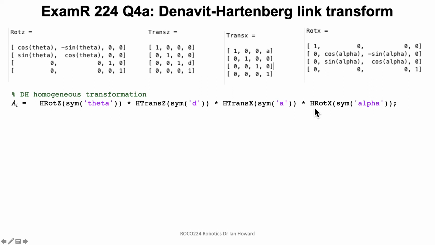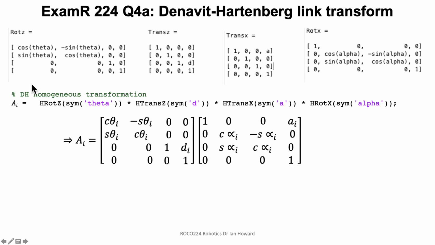Rotation round x multiplied by translation along x multiplied by translation along z multiplied by rotation around z, and that will give us this homogeneous transformation. In order to get that, we just have to multiply out the matrices we've got at the top here. If we multiply out the translation along x with the rotation along x, we end up with the term here on the right hand side, and if we multiply the other two out, we end up with the term here on the left hand side.